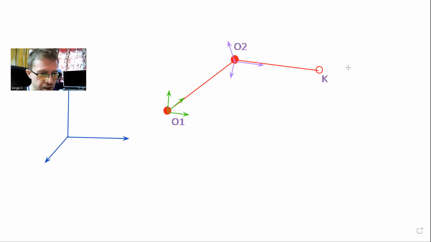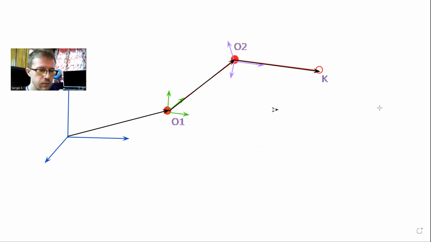So question is how to find K. I will just draw it in black. What we know: this with respect to the world frame. We know this with respect to first frame. And we know this with respect to the second frame.